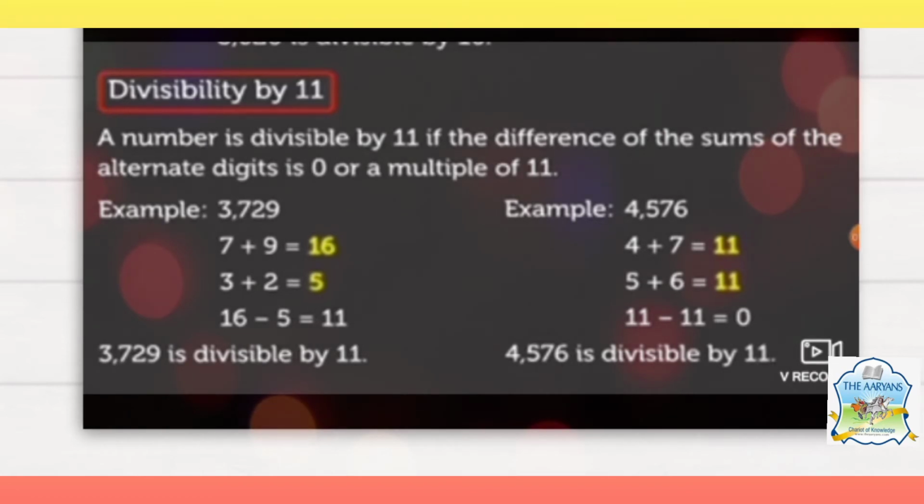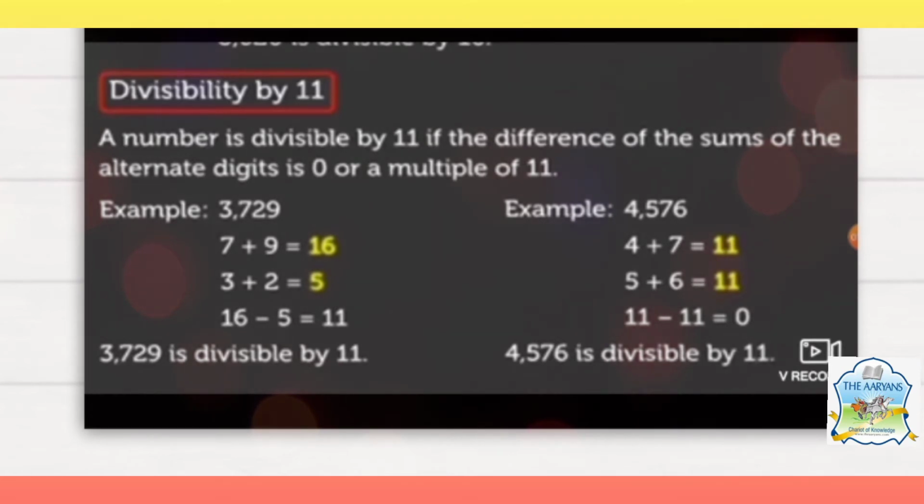We can take one more example, that is 4576. First we take the alternate digits, that is 4 plus 7, right? It comes to 11. Then we take 5 plus 6.